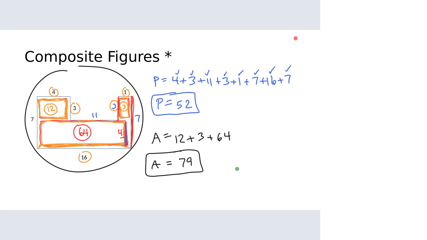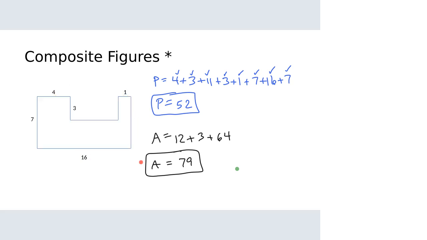And then there is one other way you can go about this that you might decide you like. There it is. What Hugh did here is this. He said, okay, I am going to look at this shape and I am going to pretend that there is one big rectangle that is the whole thing.